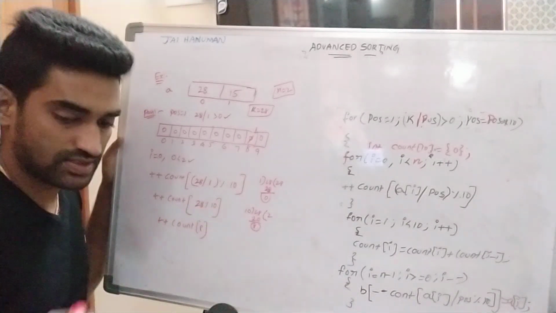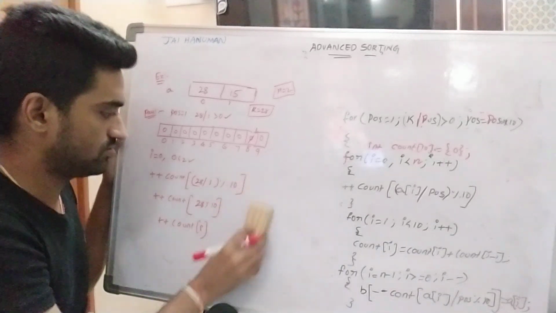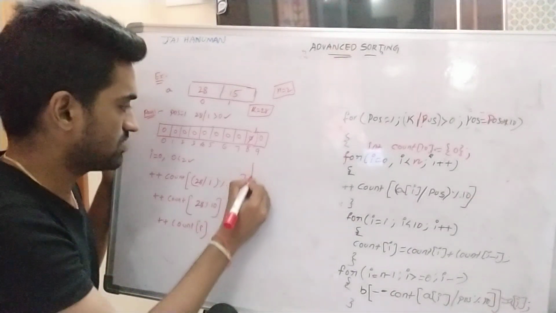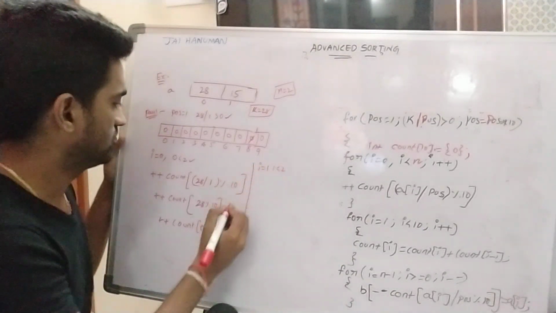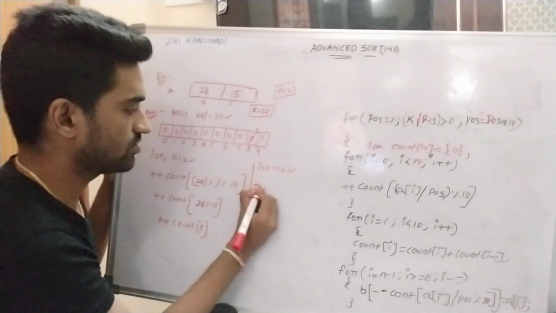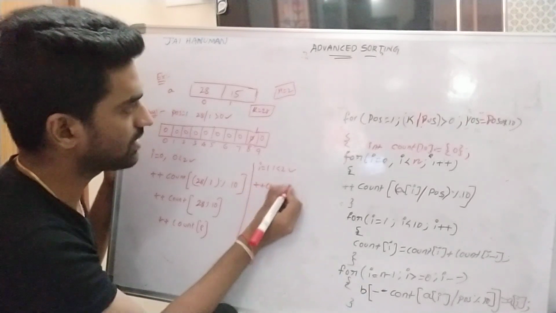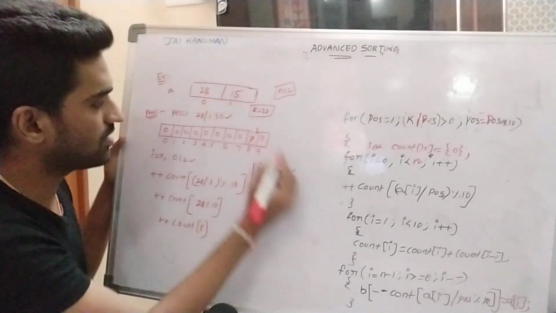After completion of this, i is incremented by 1, so i is equal to 1. 1 less than 2, so the condition is true. We execute count of a of i. What is a of 1?